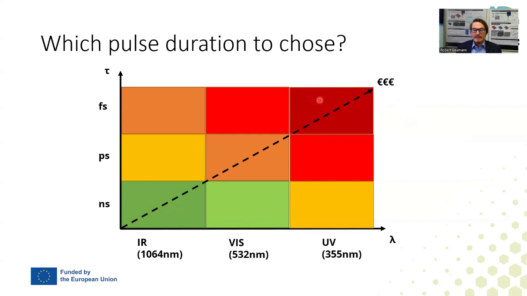So with femtosecond UV, you can process, let's say, the majority of all materials with this beam source. But you have to make sure that this beam source is also the most expensive one to buy, and you really have to calculate whether you really need this, or if you can make it with a much cheaper beam source in order to gain a further return of profit.